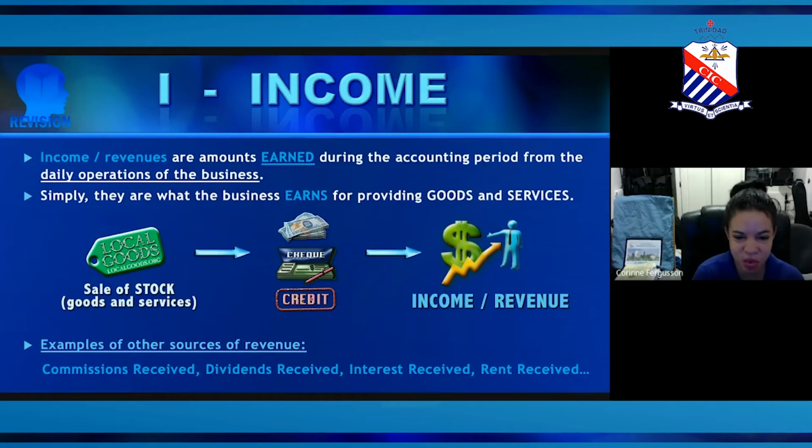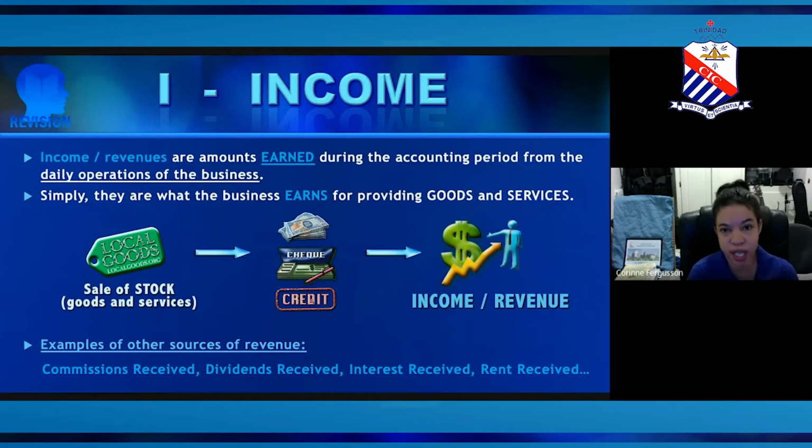Notice that with the credit one, you have not received any cash, because check is considered like near cash, right? But you have the instances where you can actually sell on credit. Did you earn that money? Yes, you did. Because once you sell them that stock and they have received that stock, the business has therefore already earned that revenue.